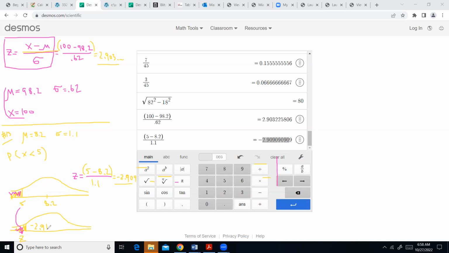That's what my z is here, approximately. Notice that I always try to get the closest, that'd be the best approximation to what we need.